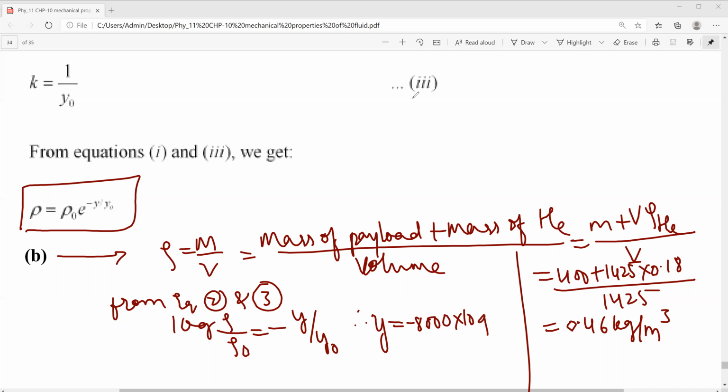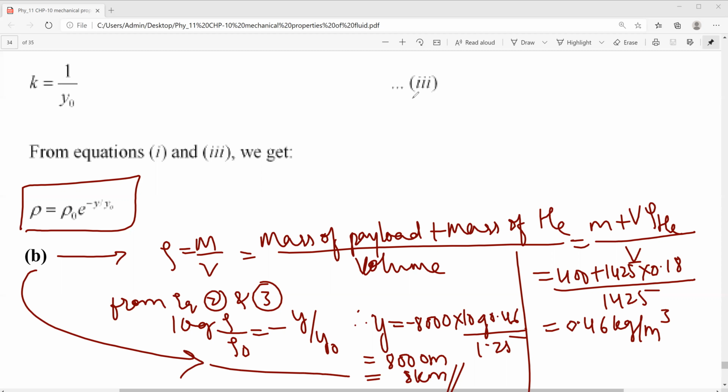And this is log of 0.46 divided by 1.25. After simplification, we got 8,000 meters. If you convert in terms of kilometers, the balloon rises to a height of 8 kilometers. So that is the solution for B1. Got this one? Okay.